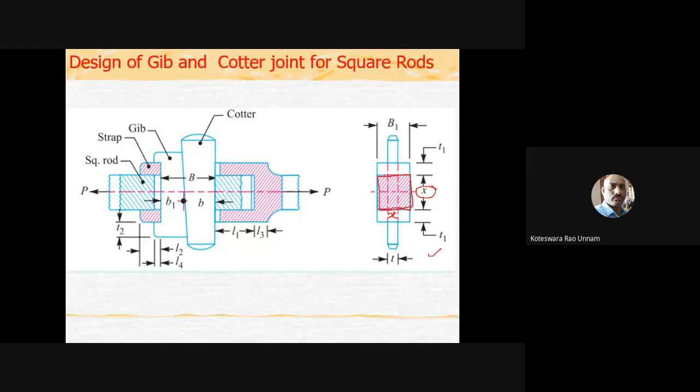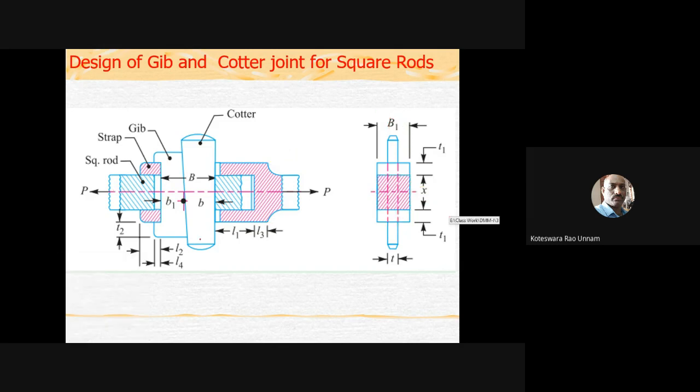From this diagram itself you can see that b1, which is the width of this strap, is also equal to x. So the width of the square rod and the strap is the same, x only. Even though it is taken as b1, b1 should be equal to x, provided your rod is a square rod.